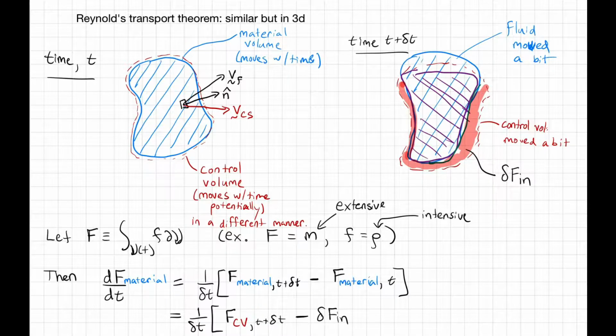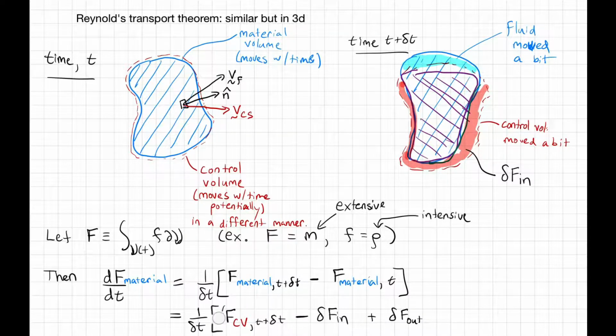So I'll subtract off the amount of that integral that flowed across the boundary. I'll call that delta F in. And then there's some of the blue material that flowed out of the red region during time delta t. I'm going to call that delta F out.